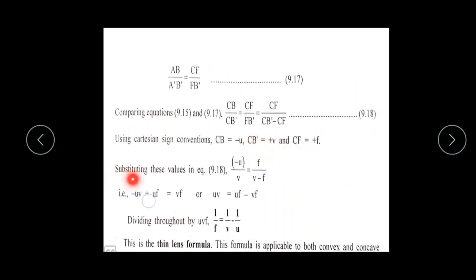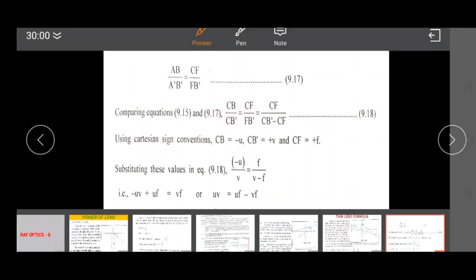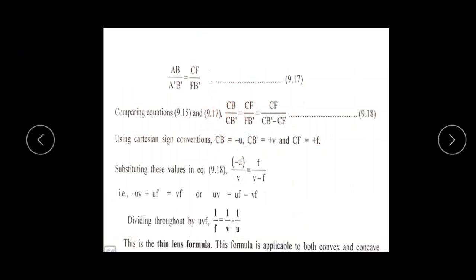Now substitute these values in the above equation. Instead of CB, we write minus U. Instead of CB dash, that is V. CF can be written as F. So the minus keeps as it is.